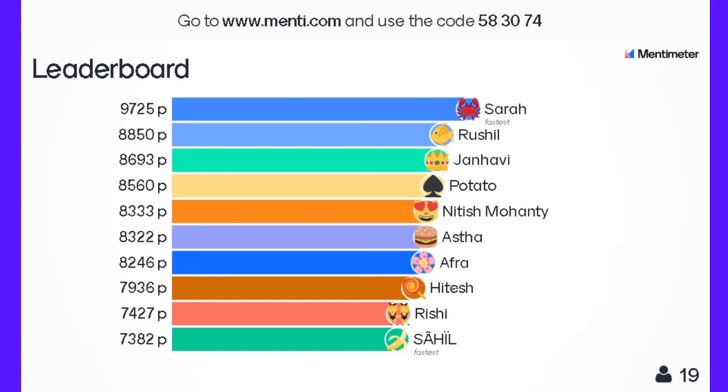Leaderboard. Sara, the fastest finger first with 9,725 points, is on top position, followed by Rushil the fish. Janvi, the crown, is 3, and potato. अरे कोई हिल ही नहीं रहा है. They are on top. Okay, Nitish Mohanty I think has moved up to position number 5.